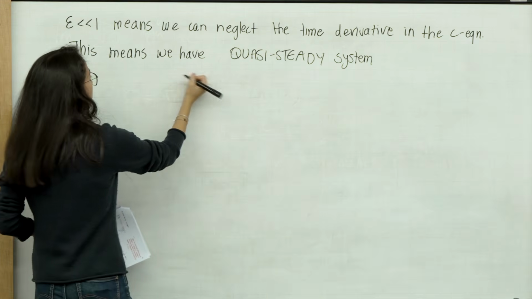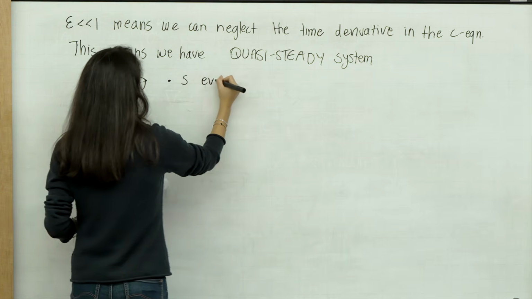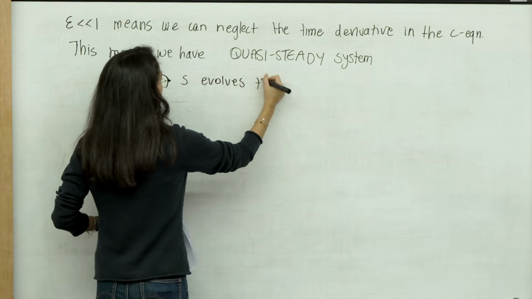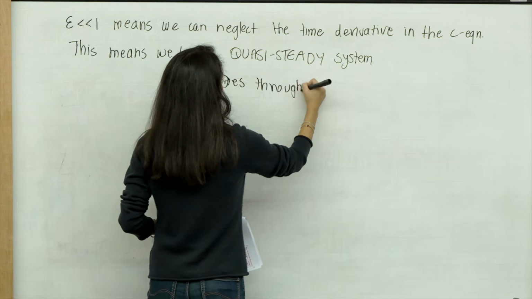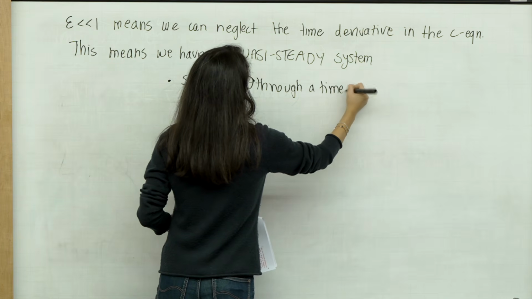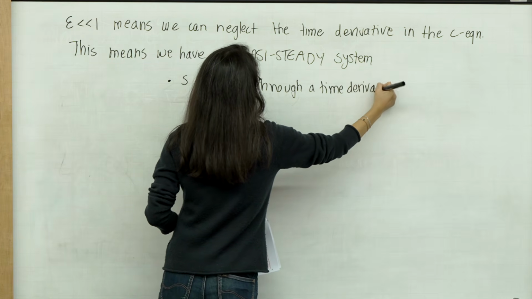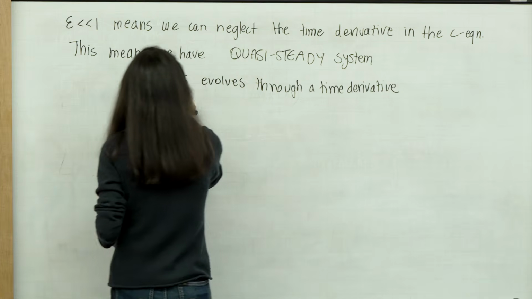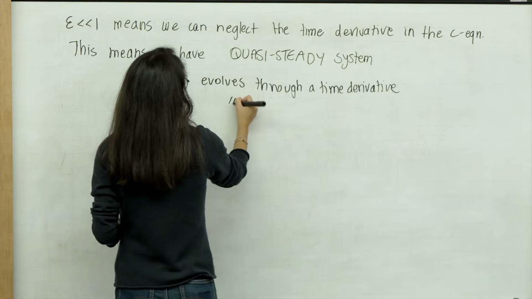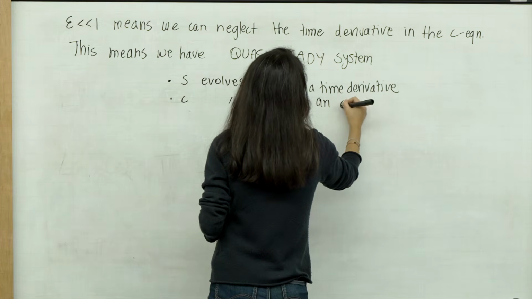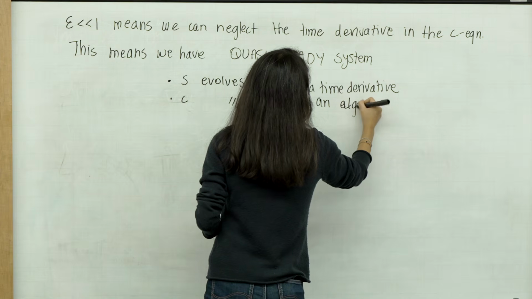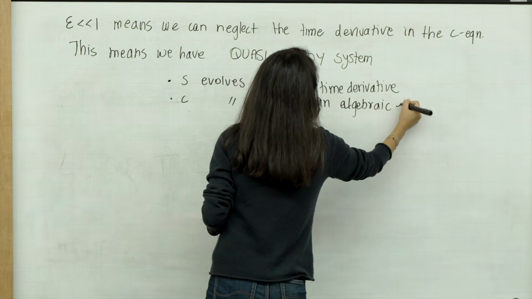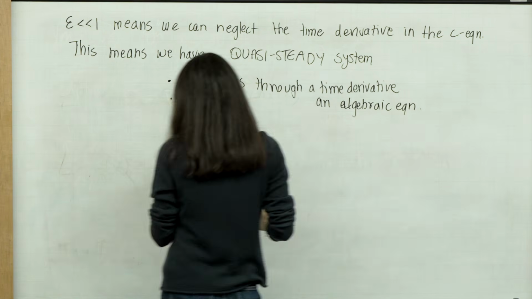So I will say here that S evolves through a time derivative. And instead, the complex concentration C evolves through an algebraic equation that we will actually derive right now.